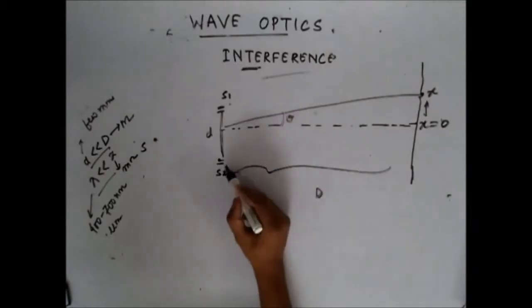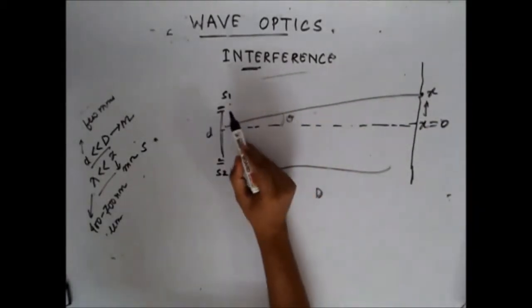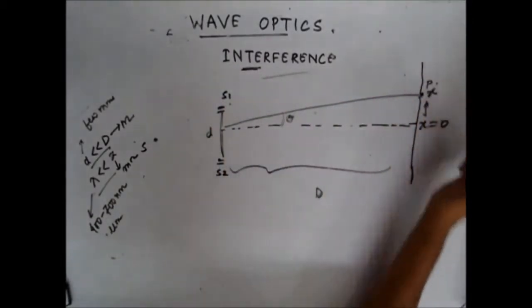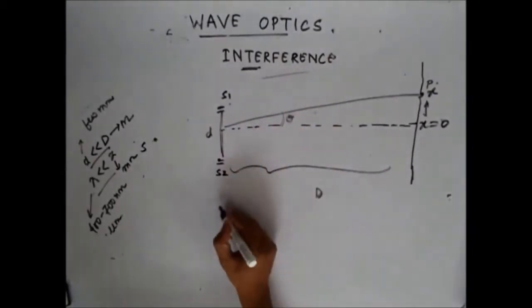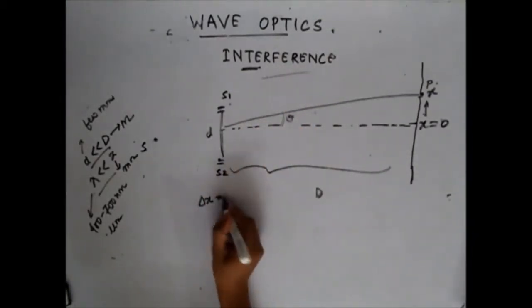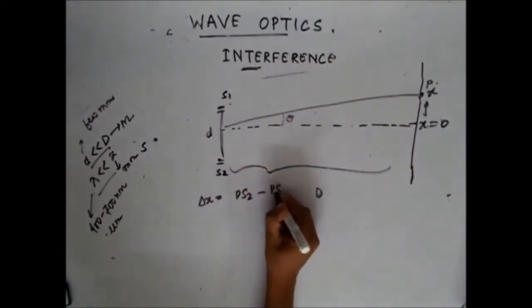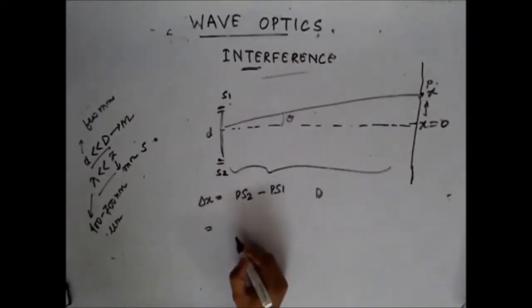Now what is the path difference at this point due to these two waves? Let's say this point is P. So the path difference delta x is equal to PS2 minus PS1.